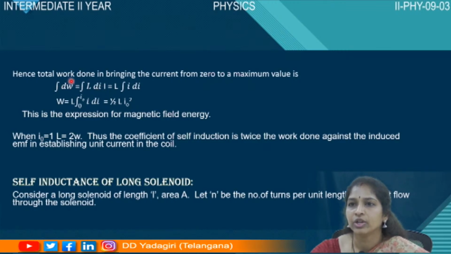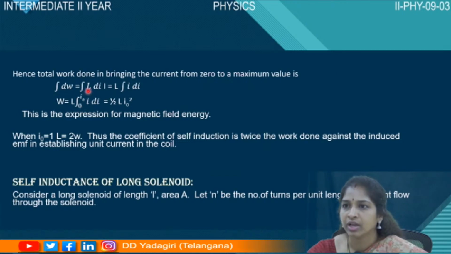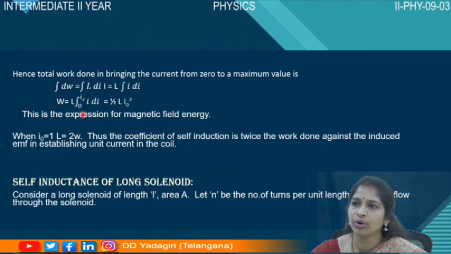But we need the total amount of work in order to increase the current from 0 to its maximum value. That means we need to integrate this equation within the limits 0 and I naught, as the current has to increase from 0 to the maximum value, so the lower limit is 0 and the upper limit is I naught.